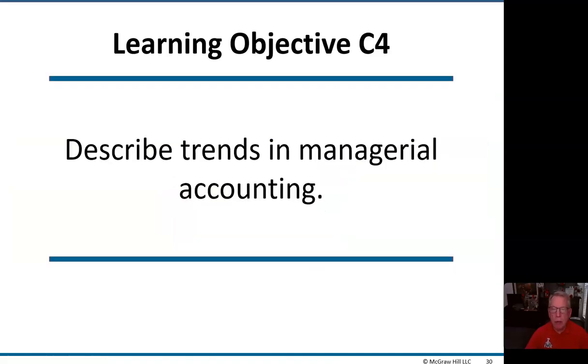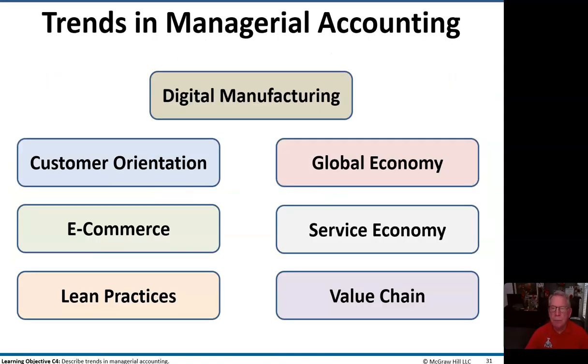Okay, trends in managerial accounting. We've had many since I first started in business, and digital manufacturing is one of them. Big emphasis on digital operations. Much more focus on a customer orientation.